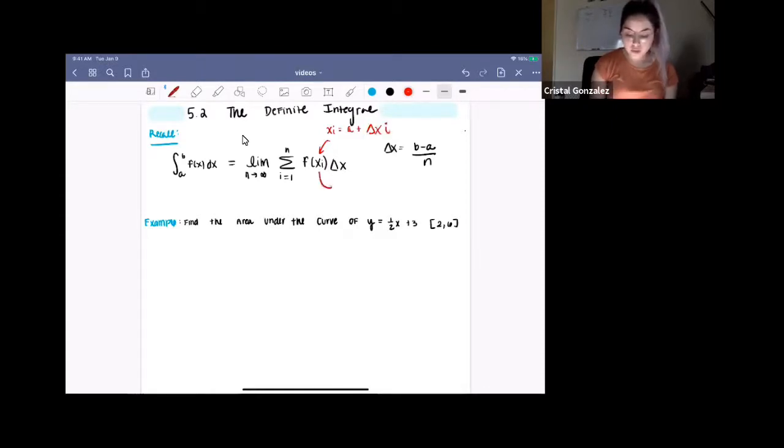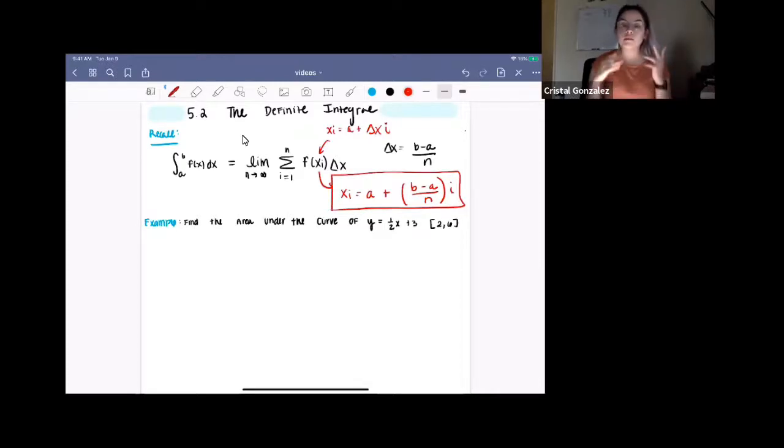In other words, you can replace that xi with a plus (b minus a) over n times i. So the goal is to find our xi, plug it in, and then evaluate the sum as n goes to infinity, and we use those nifty summation formulas in order to manipulate them. So that's exactly what we're going to do.